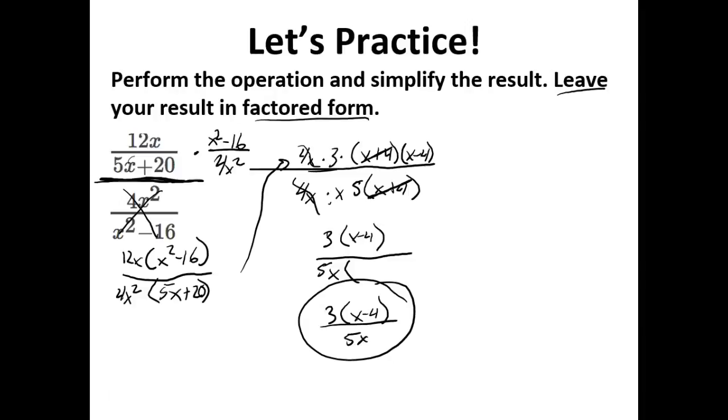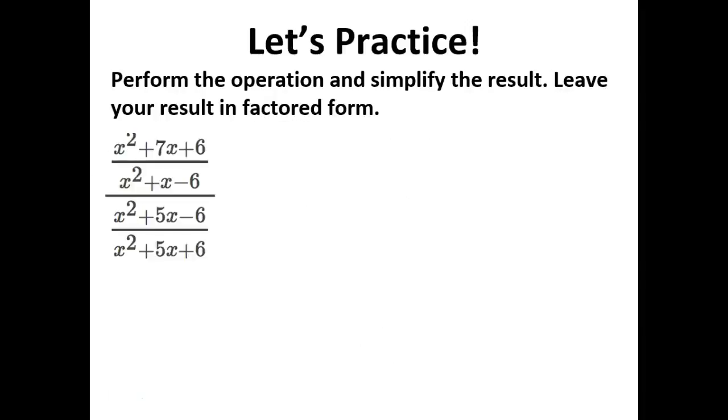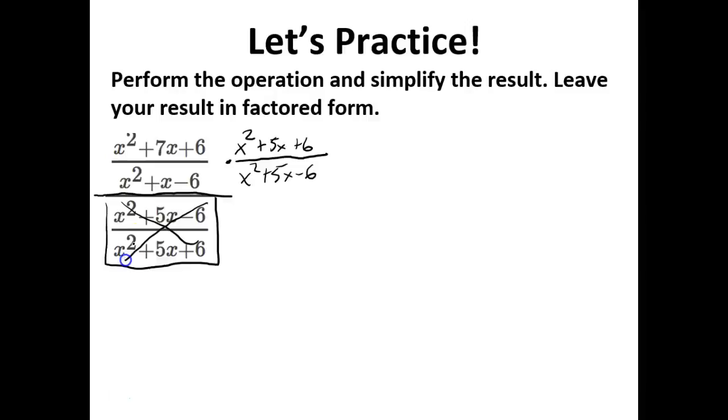and then simplify. So another example maybe looks a little bit worse, but here we're going to divide by this fraction, which means we're going to multiply by its reciprocal, which is it flipped, so x squared plus 5x plus 6 over x squared plus 5x minus 6.